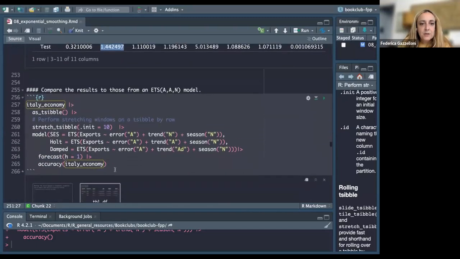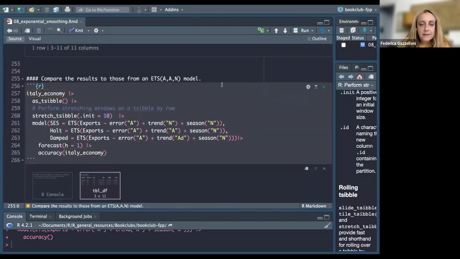Okay. So now what the exercise says is to compare the results to those from ETS AAN.